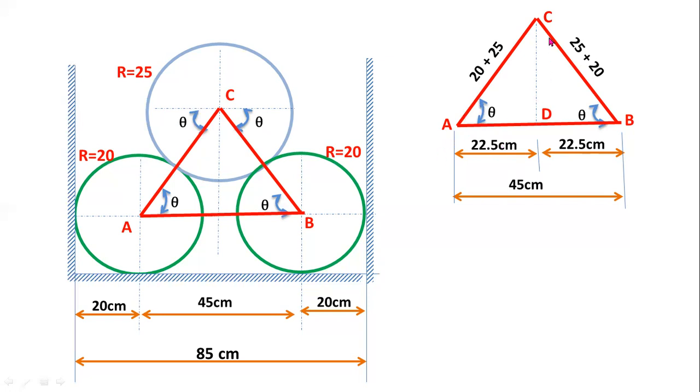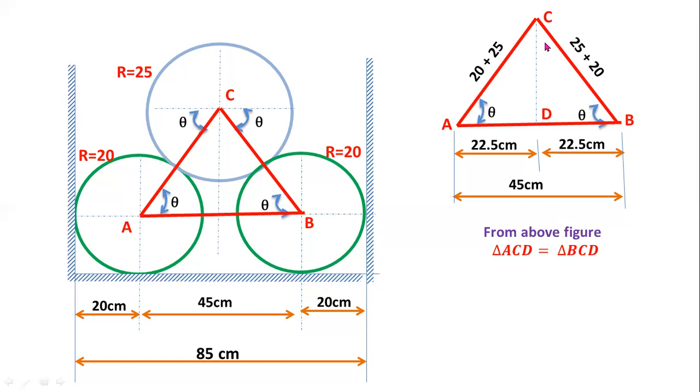From this triangle, ACD and BCD are both equal. Triangle ACD equals triangle BCD because the sides are equal. Here the bottom base is 22.5, here also the bottom base is 22.5, and this slant side is 45 centimeters, this slant side also 45 centimeters. So these two triangles are equal.